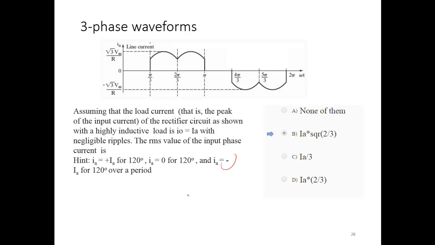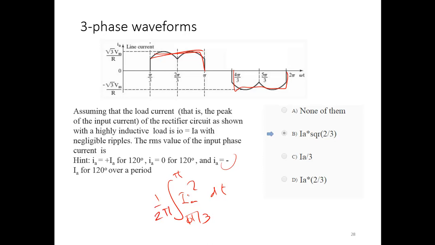For the RMS value of the input phase current, if you take the square of it, what is it? If you do that, the RMS value is basically simple like this. You integrate IA squared dt from 0 to pi by 3 and pi by 3 to pi, divided by 2 pi.